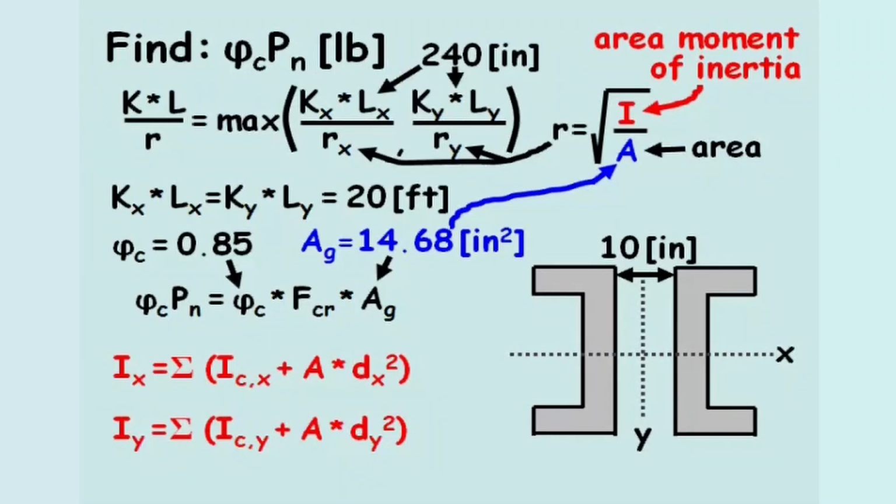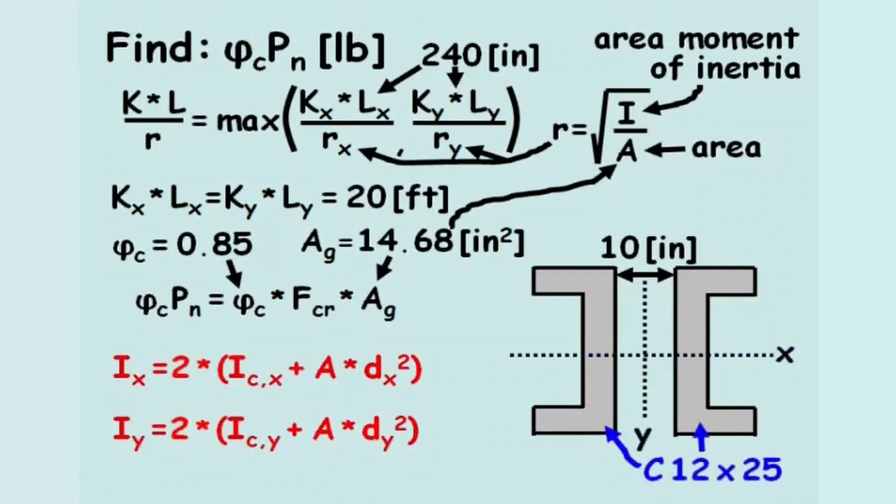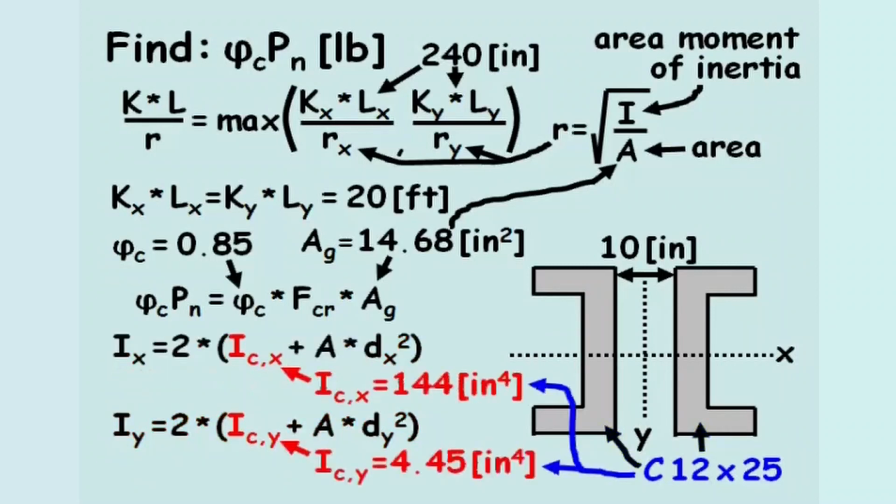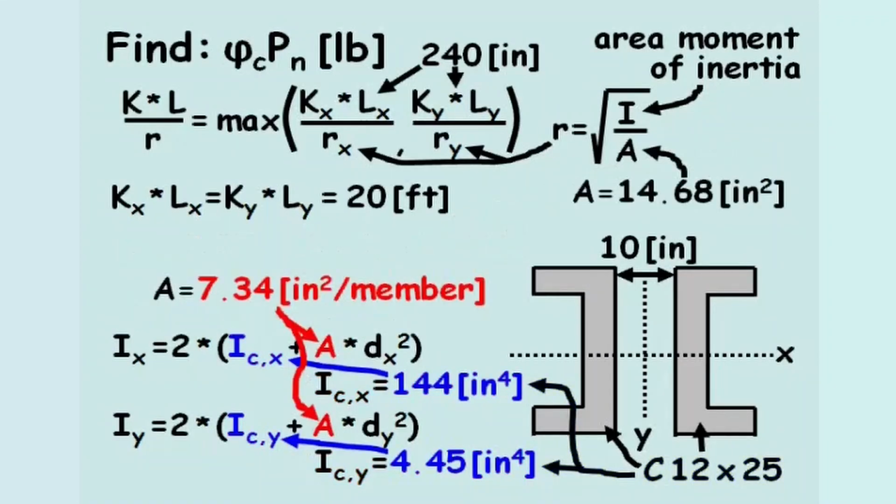Since both channel members are symmetric about both axes, we can simplify the equations. Next, we'll look up the centroidal area moment of inertia for both the x and y axes for a C12 by 25 channel member. From earlier, we already know the area of a single member. Next, we'll focus in on one of the two steel members.